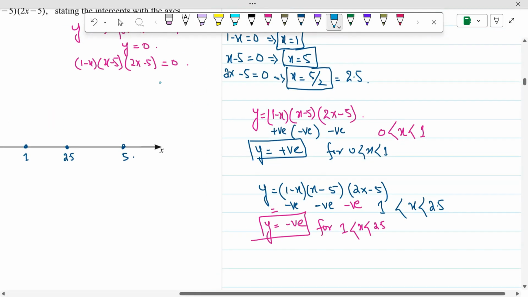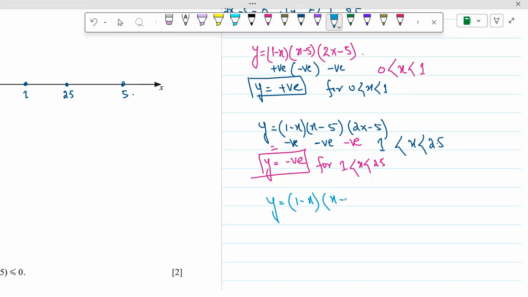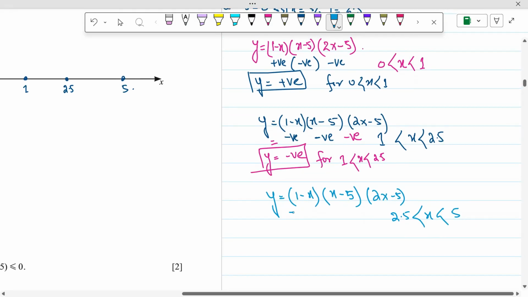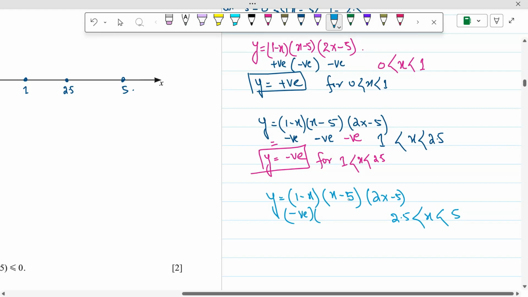Now the third range, from 2.5 to 5. When x is less than 5 and greater than 2.5, the factor 1 minus x will be negative because x is greater than 1. x minus 5 will also be negative because the range is less than 5.